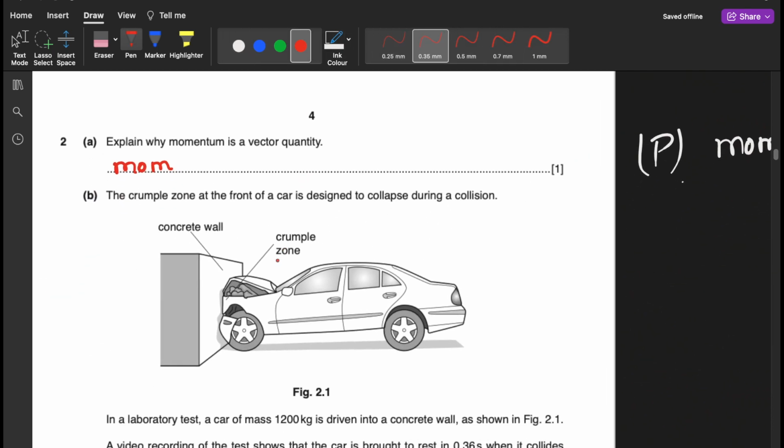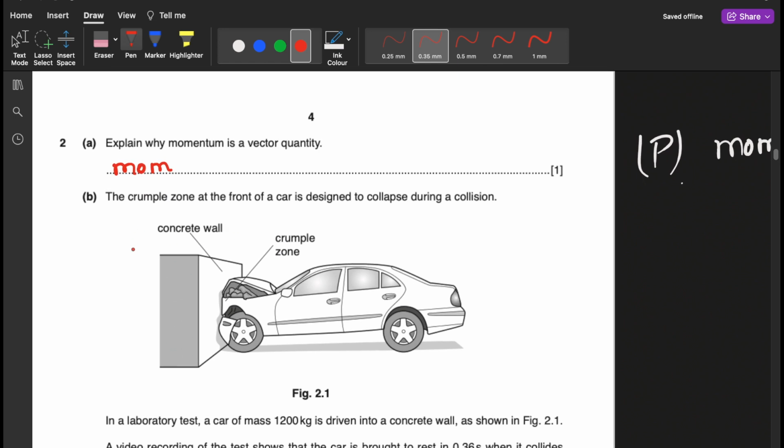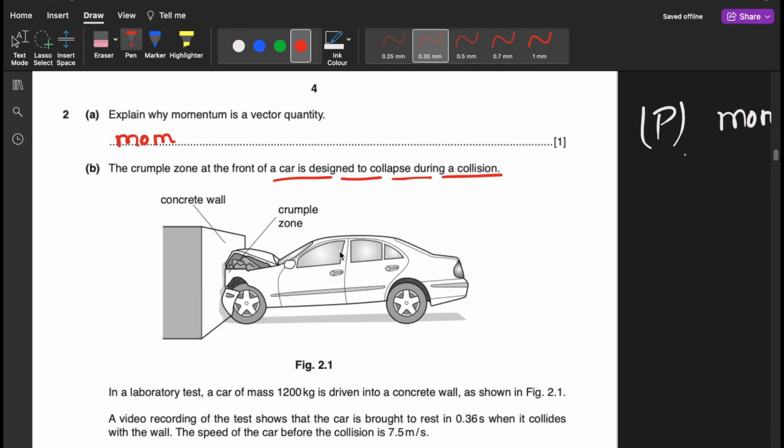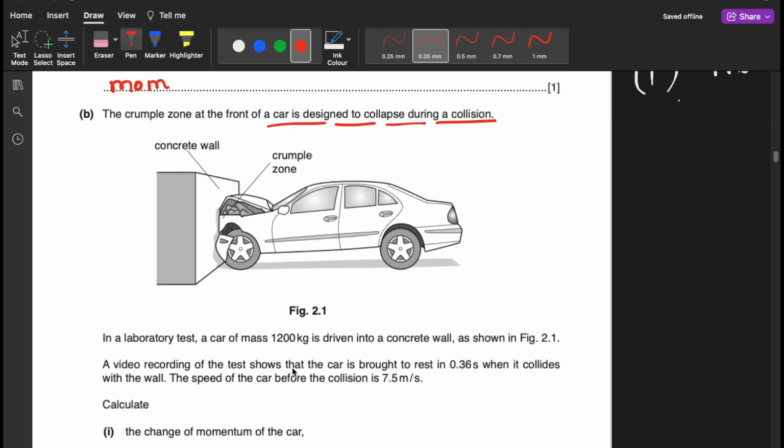Now this is a very interesting question. Crumple zone. The crumple zone at the front of the car is designed to collapse during the collision.